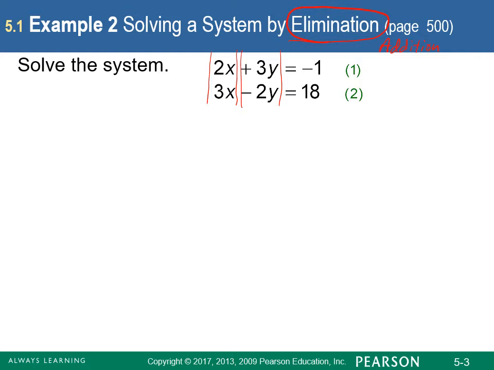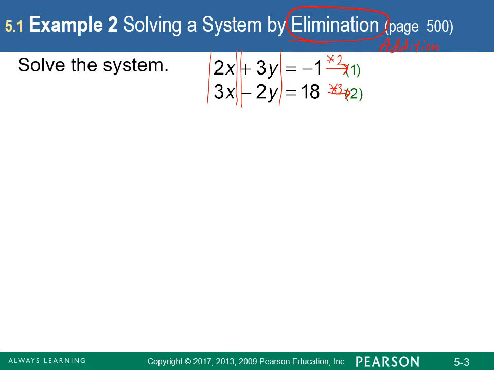We're going to take this top equation and we're going to multiply the top by 2 and the bottom by 3. See, we're just kind of switching these two numbers. So I'm going to write that right here. I'm going to multiply this by 2 and I'm going to multiply this by 3.